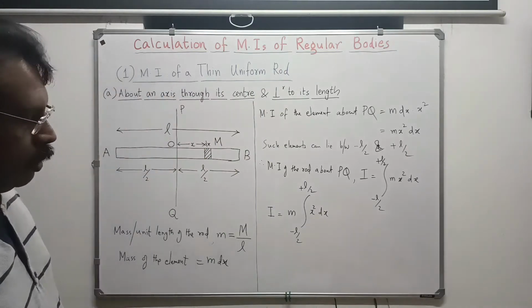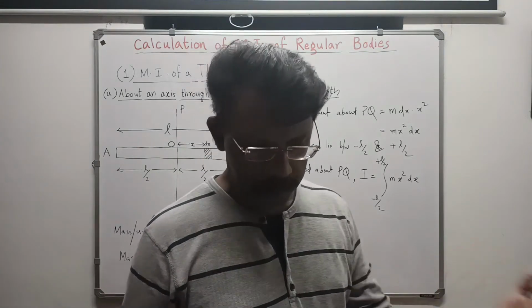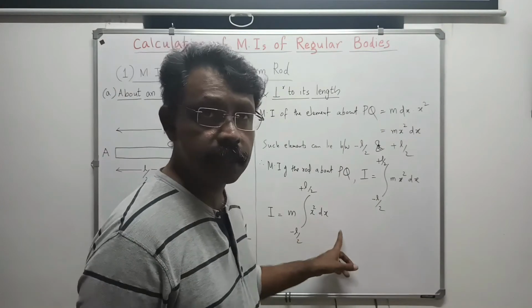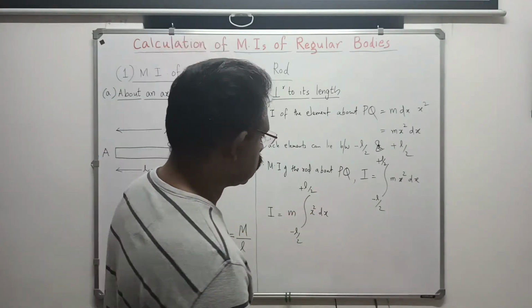Then what is the integral of x squared dx? As you know, it is x cube by 3.